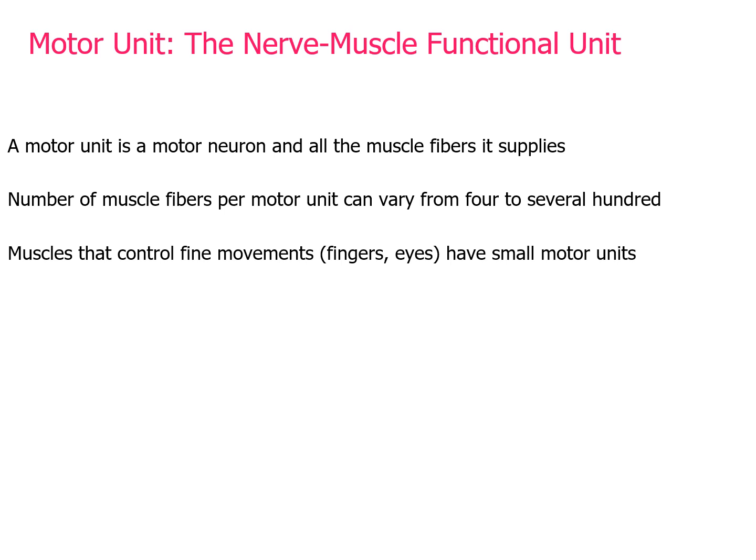I'm going to talk to you about the motor unit. This is the functional unit within muscles. When we talk about functional units, it's typically the smallest part of the organ system that carries out all of the functions characteristic of that organ system or physiological system.